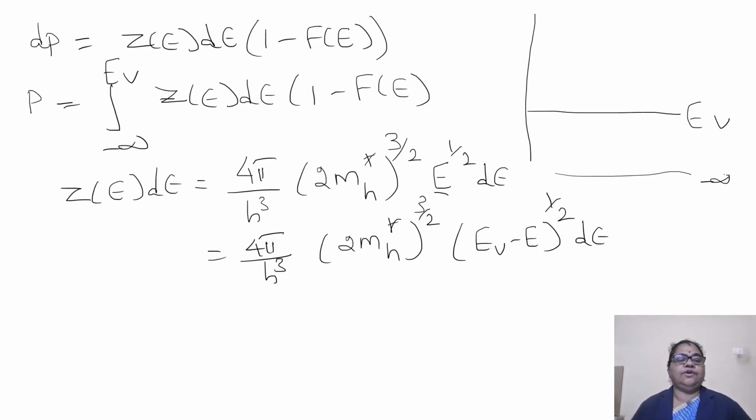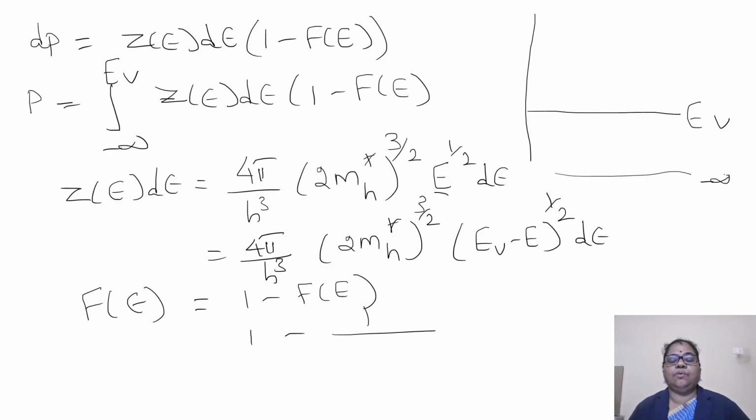Next we need to know what F of E is. According to this case, we need 1 minus F of E, so 1 minus 1 divided by 1 plus e to the power E minus EF by KT. So we need to take the LCM.